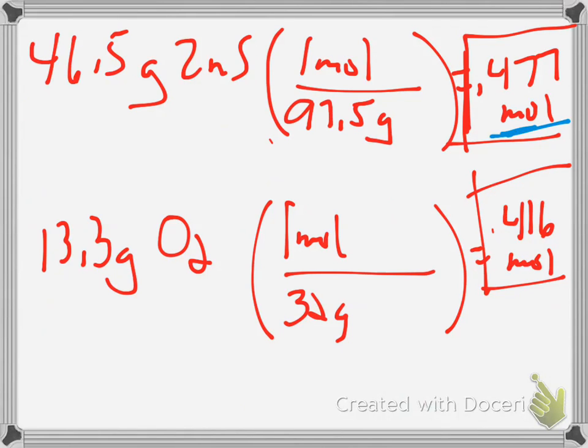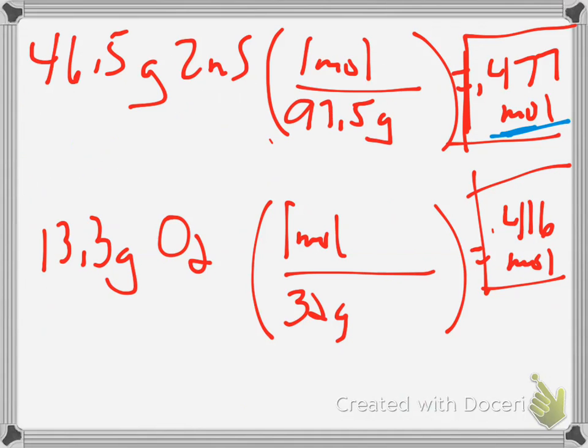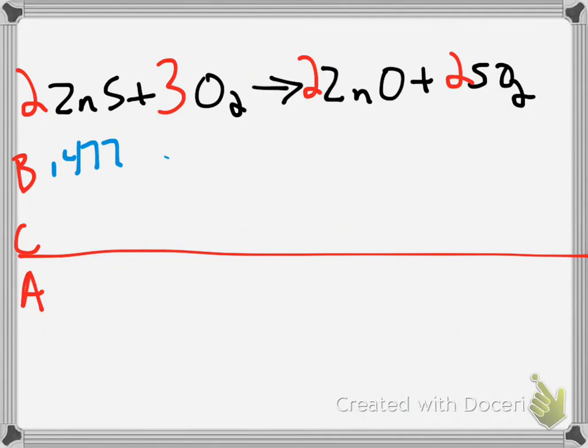So zinc sulfide is 0.477. Oxygen is 0.416. I'm going to do the different ones in different colors here. So what I need to do is I need to take this value and run it through the whole chart once to get my product.